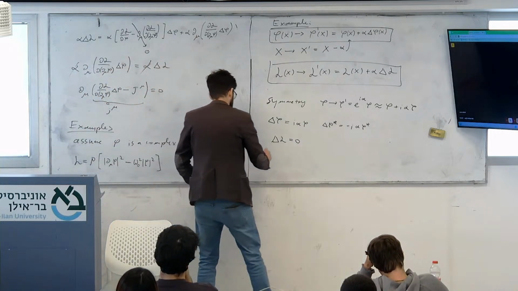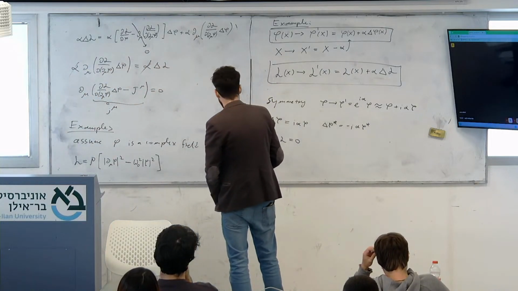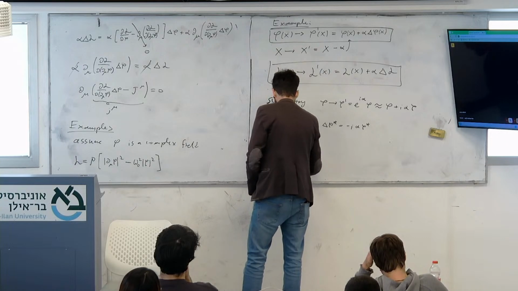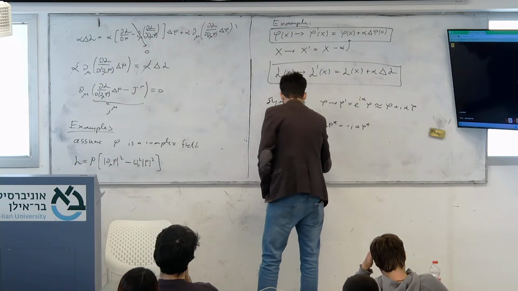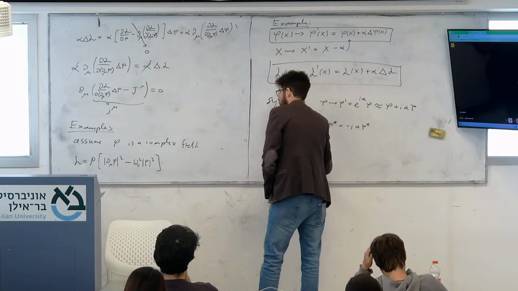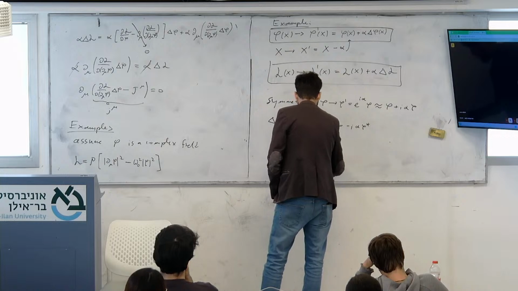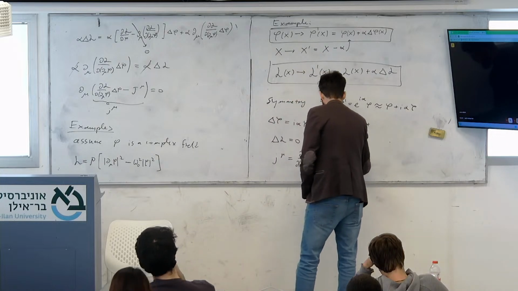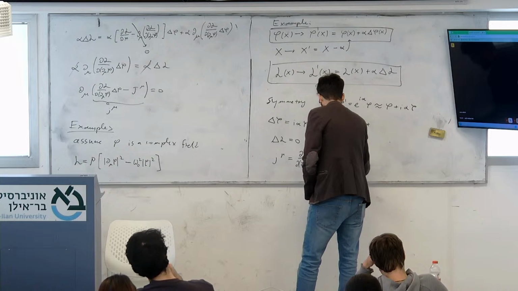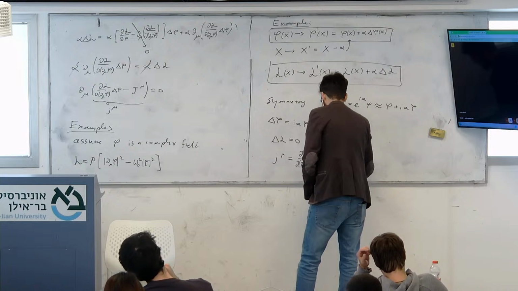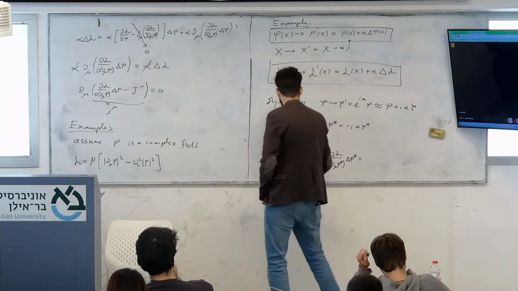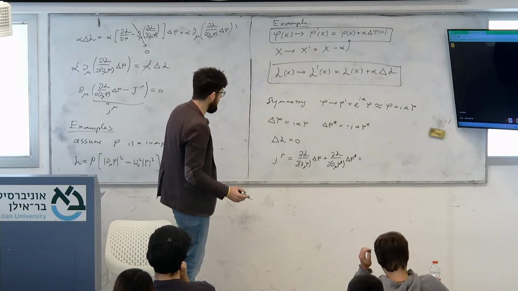So then we have that J mu is dL/d(d mu phi) times delta phi plus dL/d(d mu phi star) times delta phi star. Okay, so now let's take these terms one by one.